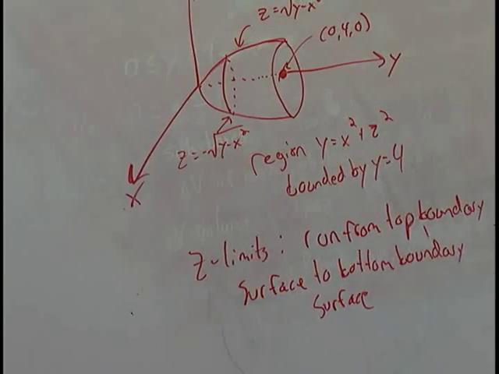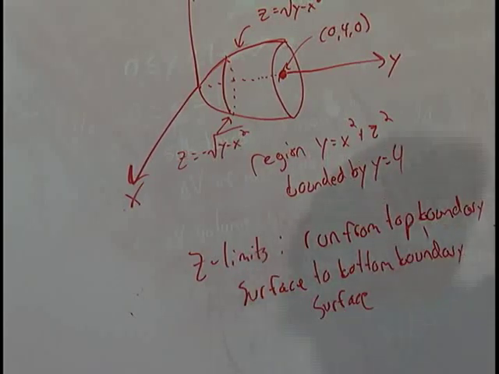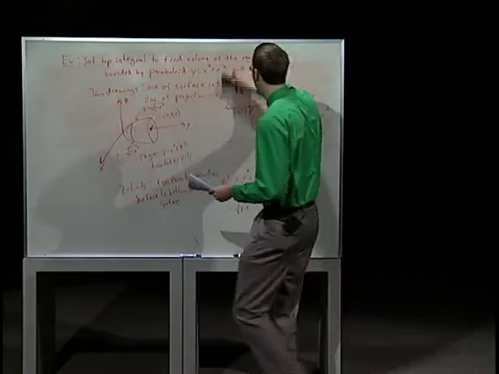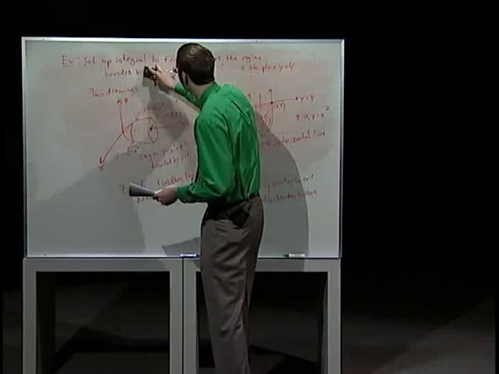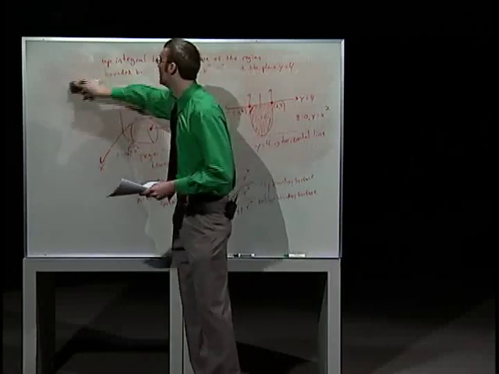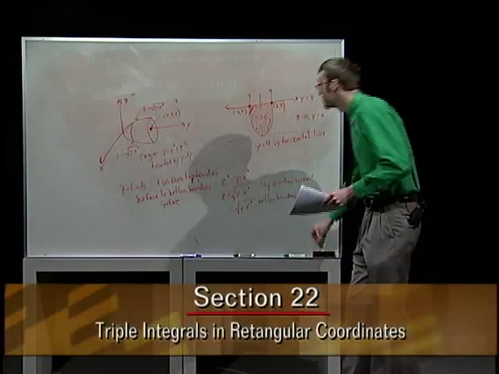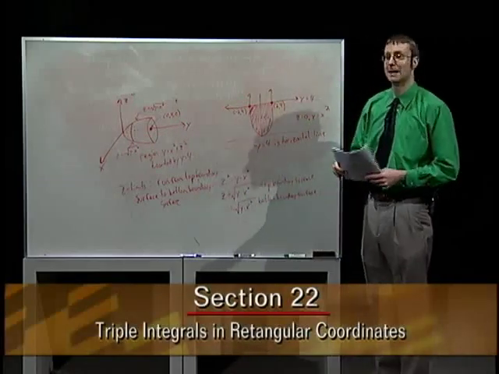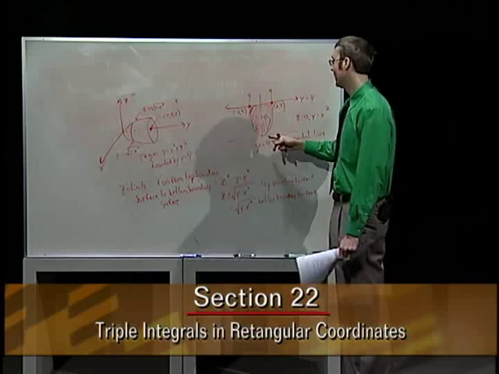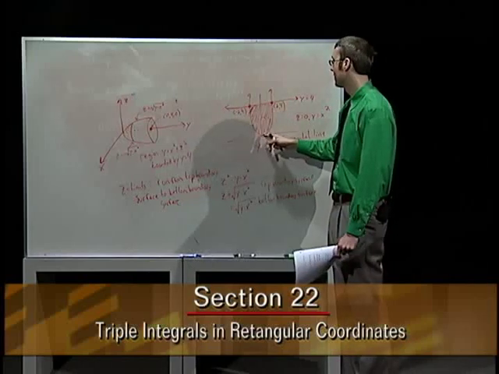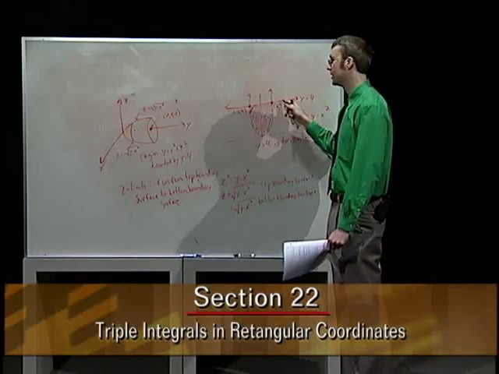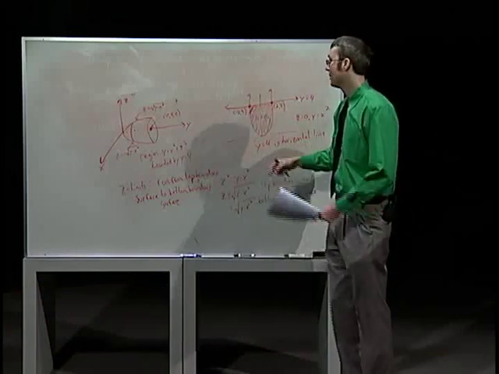I'm running out of board space here, but I don't want to erase anything. Let's get rid of maybe this verbiage up here, and leave our pictures. All right, so here, we need x and y limits. Y is very clearly between a top curve and a bottom curve. The top curve is the horizontal line, the bottom curve is the parabola.